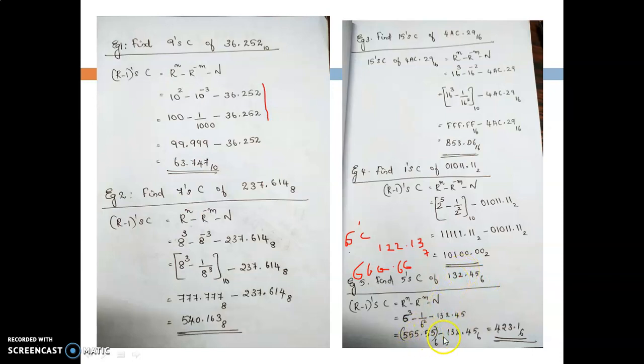Here for base 7, the 6's complement will be 666 because the highest digit possible in base 7 is 6. So 666.66 minus 122.13. Okay, so this is how you will find the r minus 1's complement of a particular number in a particular number system.